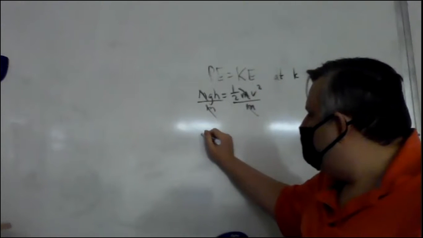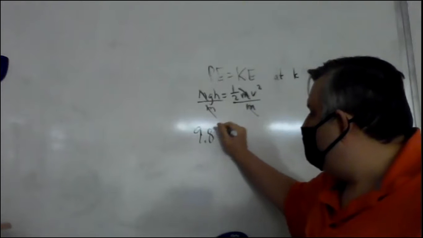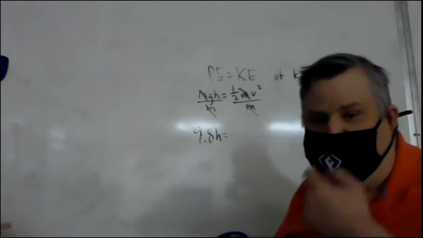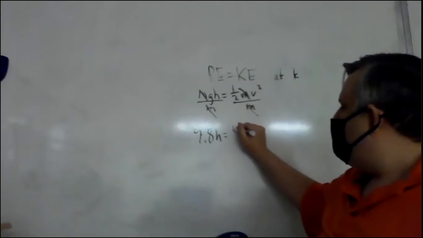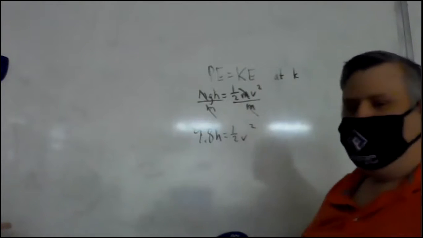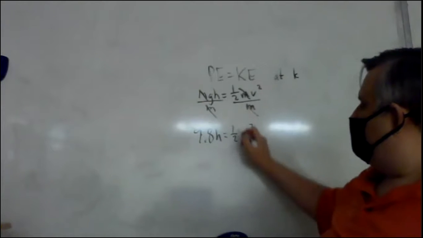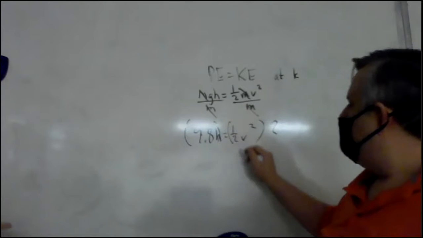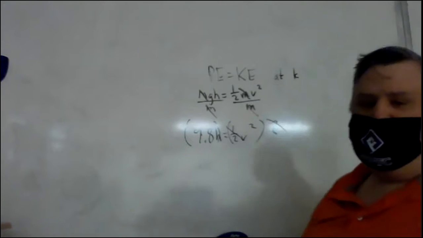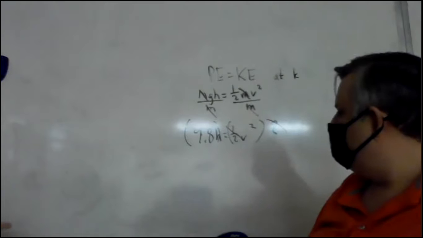Now that gives me g, which I'm going to rewrite as 9.8, but remember g is the acceleration of gravity on Earth, 9.8. And over here I have 1/2 v squared. I'm going to multiply both sides by 2. That's going to get rid of the half. 2 times 1/2 is just 1.